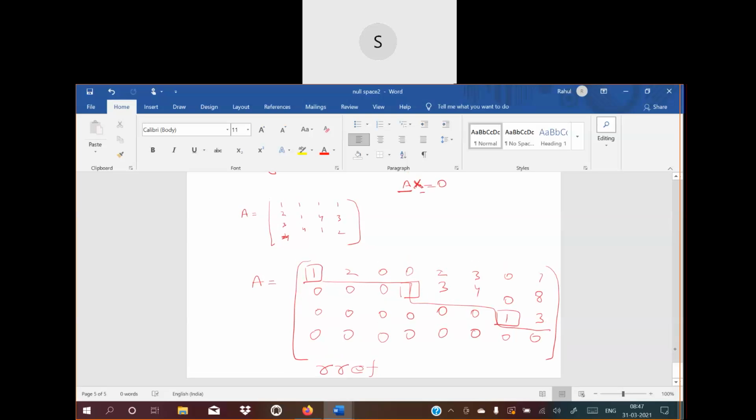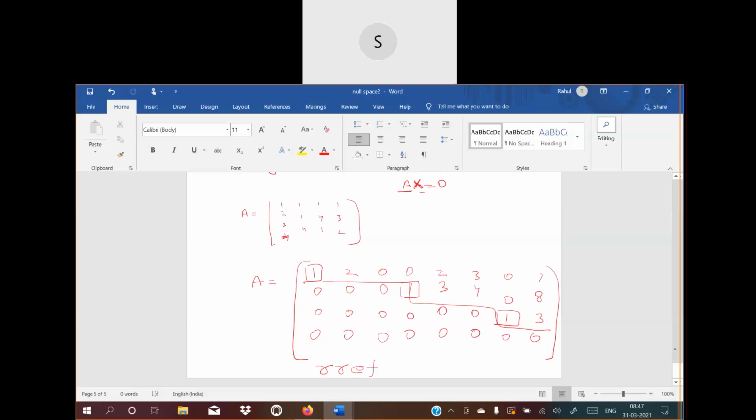Now, if my question is, what is the null space of this matrix, or rather, what is the solution of this matrix? Can you write the solution x1, x2, x3? Now you have 8 variables, 5 are free. So give me the basis for this null space, which is the basis of this matrix A, which is already in reduced row echelon form. Can you give me the basis or the solution space?